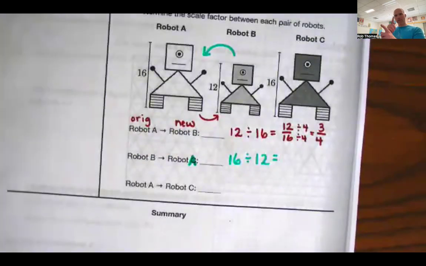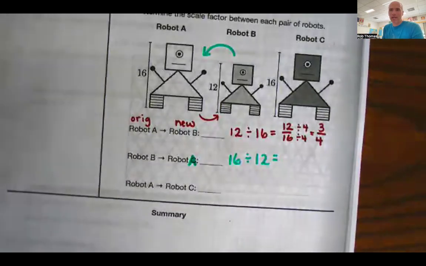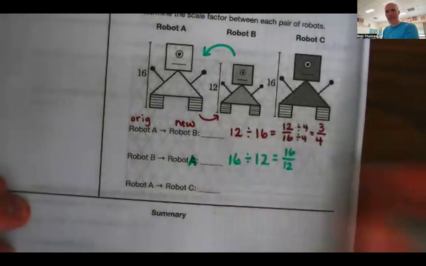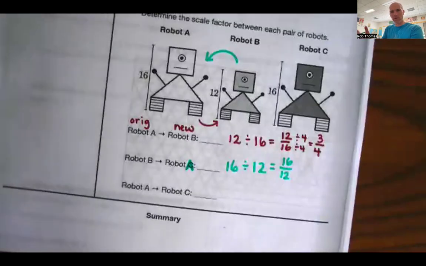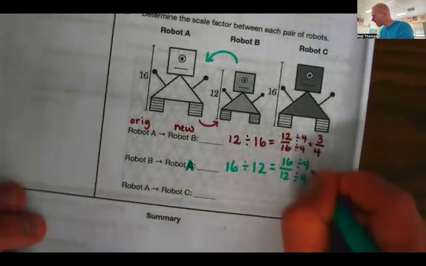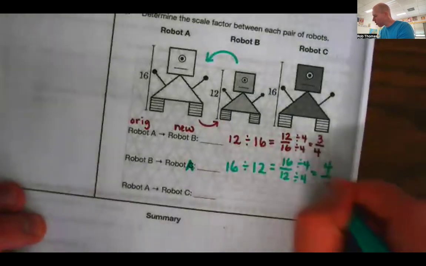So instead of 12 divided by 16, it's just 16 divided by 12 this time. And we can make a fraction again. Instead of 12 over 16, it's going to be 16 over 12. And just like before, 4 goes into 16 and 4 goes into 12. So we can simplify this fraction using 4. Divide by 4 on top, divide by 4 on bottom. And this time I get 4 over 3.